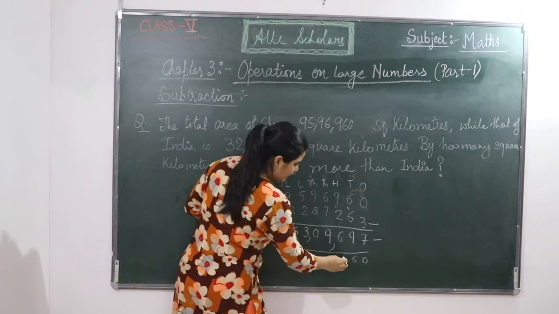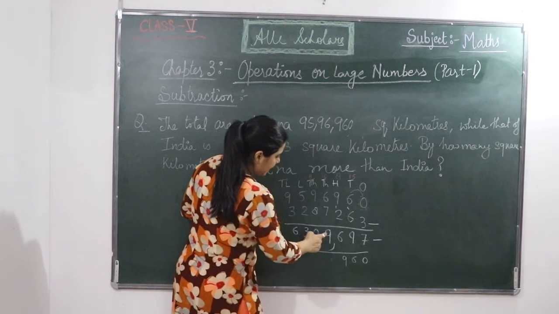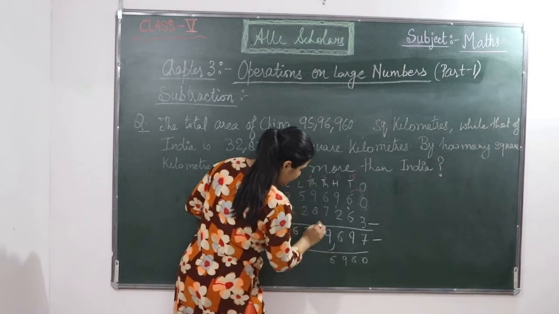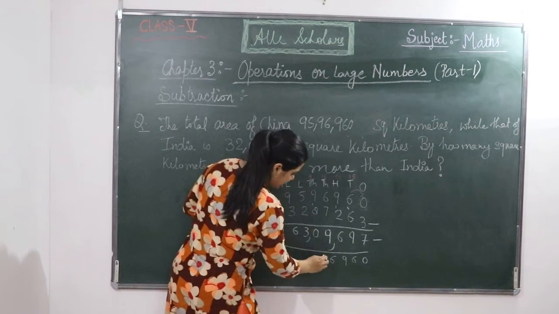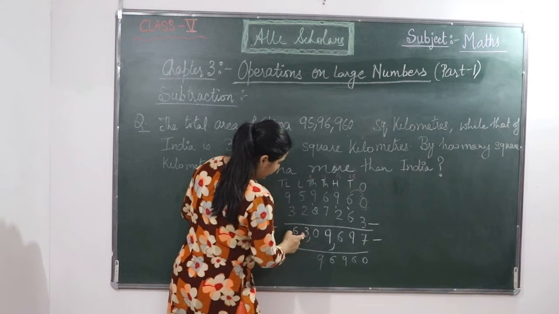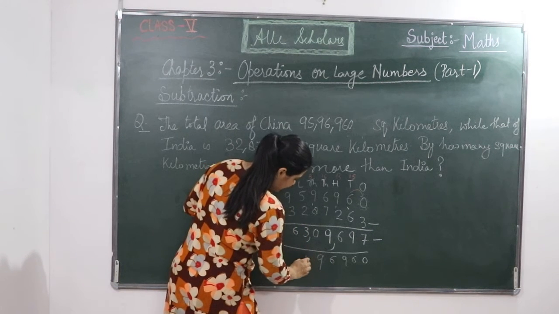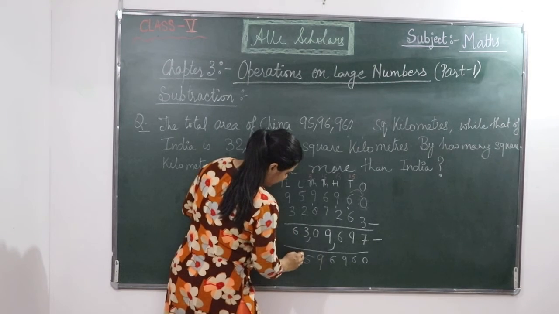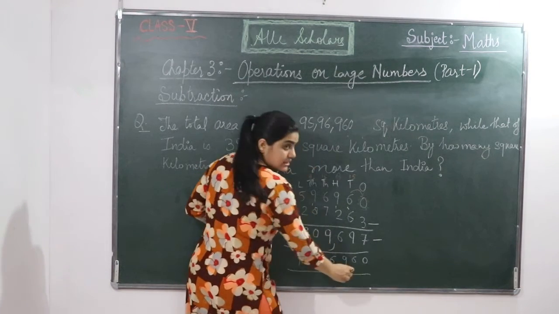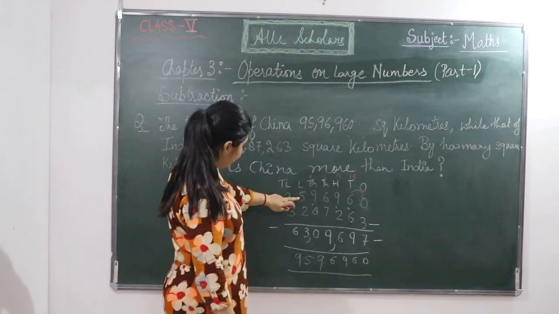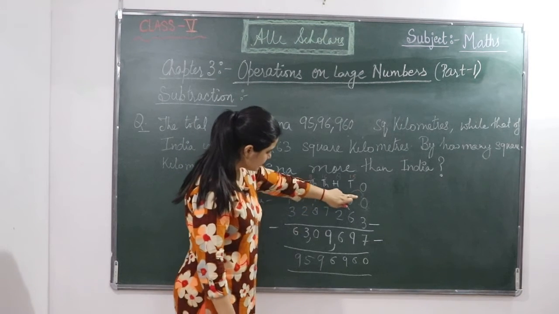6, 7, 8, 8, 1, 9. 9 and 7, 16. 6. 1 goes as a carry. 8, 1, 9. Okay, 3, 2, 5 and 6 and 3, 9. So this is what? 9, 5, 9, 6, 9, 6, 0.